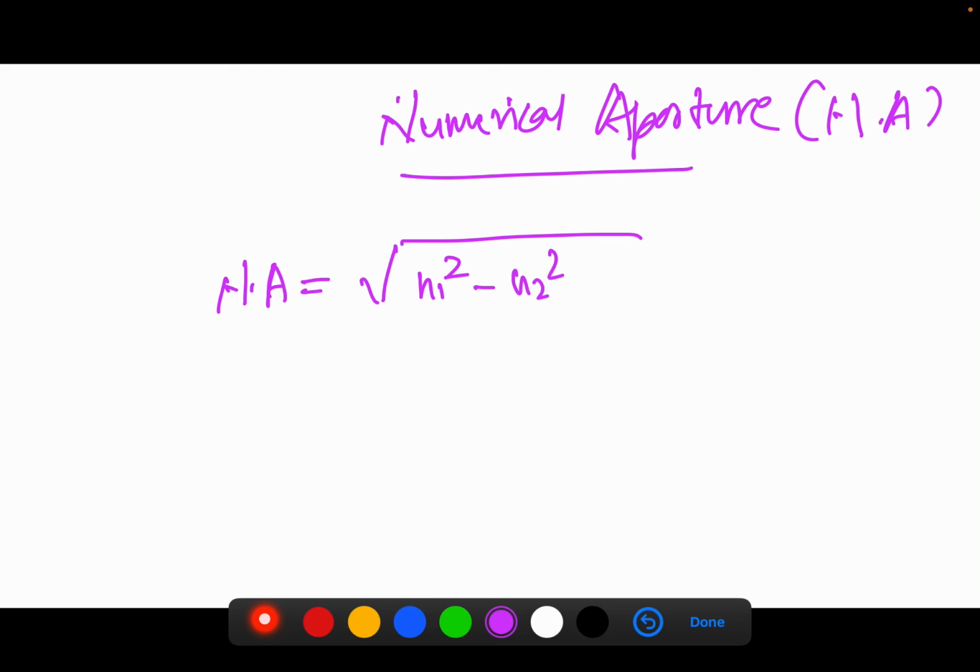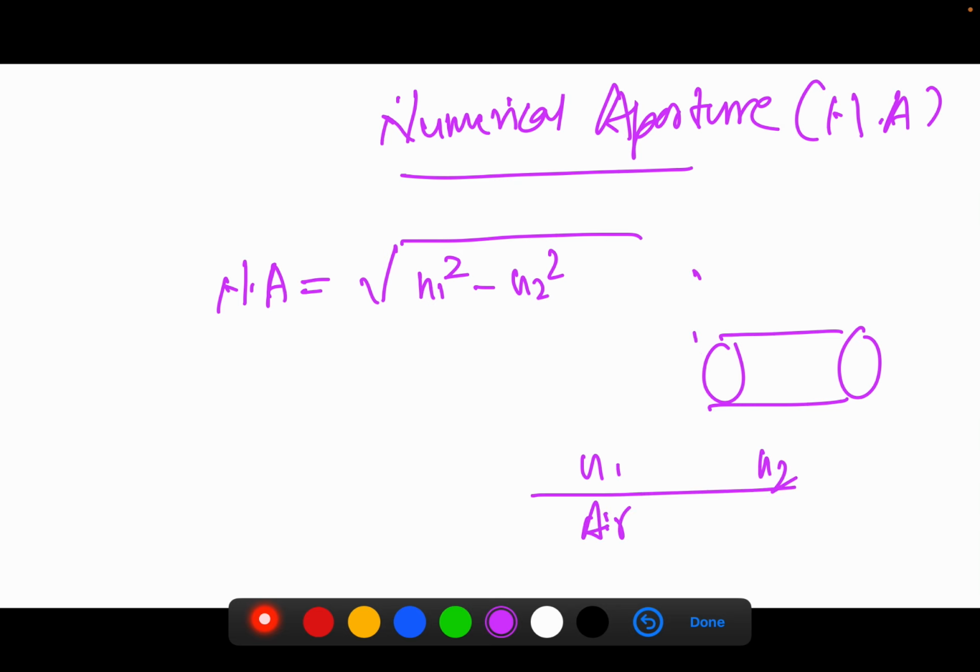Earlier I had also told you, if this is the fiber, this is your air medium, and this is your fiber medium. I am drawing a normal just to differentiate the refractive indices of both of them. Now the angle at which the light is entering here, that I was previously telling you, is theta, the theta max. That is the maximum. If it is going beyond this range, then obviously light will not enter. Only within the maximum range can light enter, as we already defined.